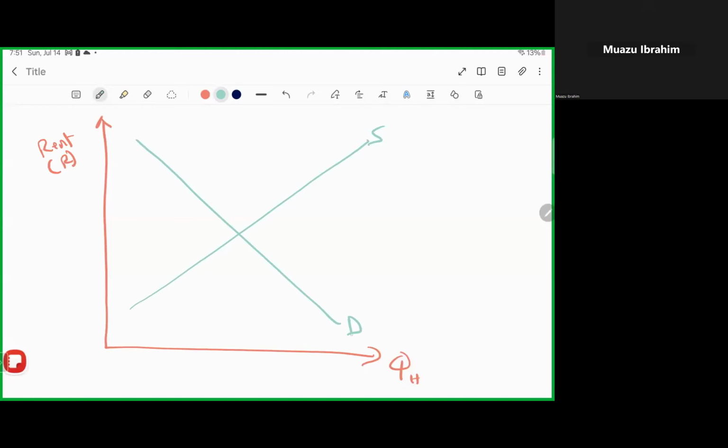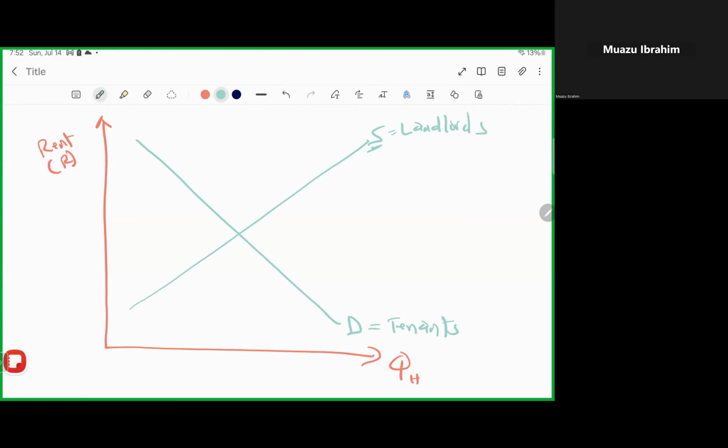So this is demand for rental apartments, and this is supply of rental apartments. By demand for rental apartments, we are looking at the tenants, and the supply, we are looking at maybe say landlords.